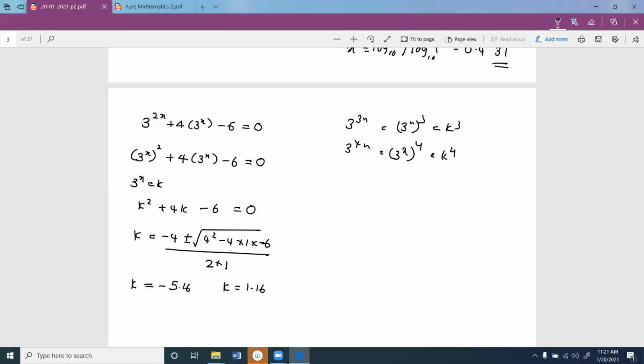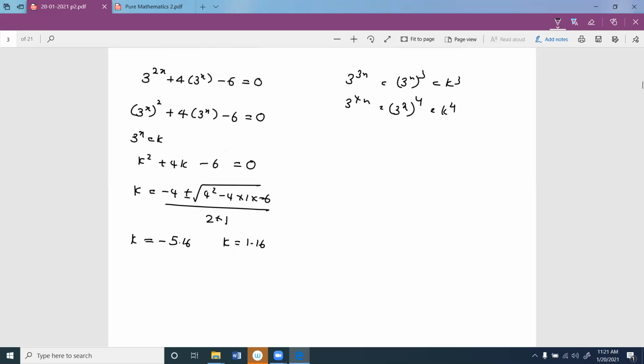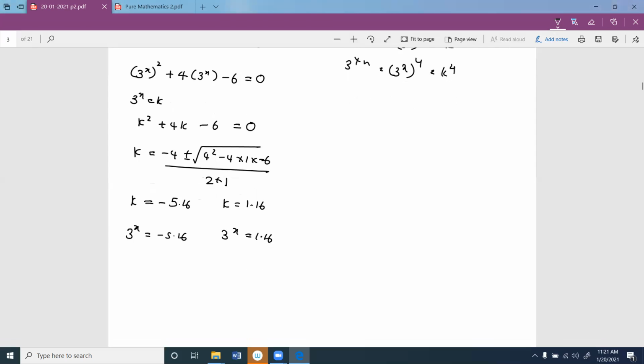Then you can write 3 to the power x is equal to minus 5.16, and 3 to the power x is equal to 1.16. You can solve them separately.